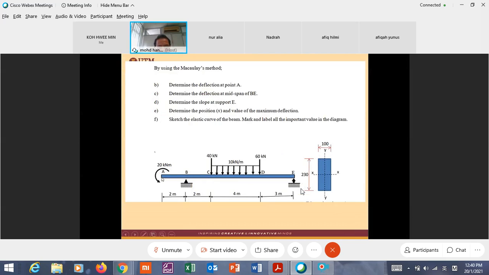The maximum deflection can be at A or somewhere between B and E. Sketch the elastic curve for the beam, marking and labelling all the important values in the diagram, using Macaulay's method.